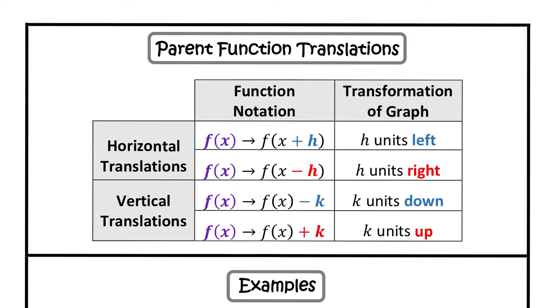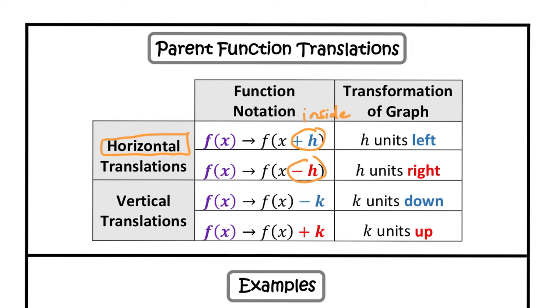Depending on where they are, if the values are being added or subtracted inside the parentheses, inside the parent function, there's a horizontal translation. So just keep in mind, if it's inside, these values here are inside, so that means we have horizontal.